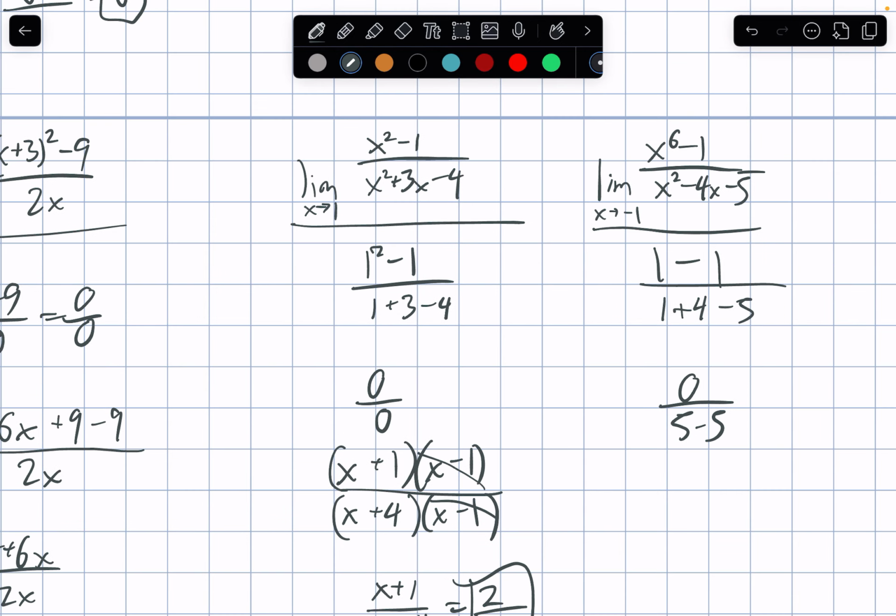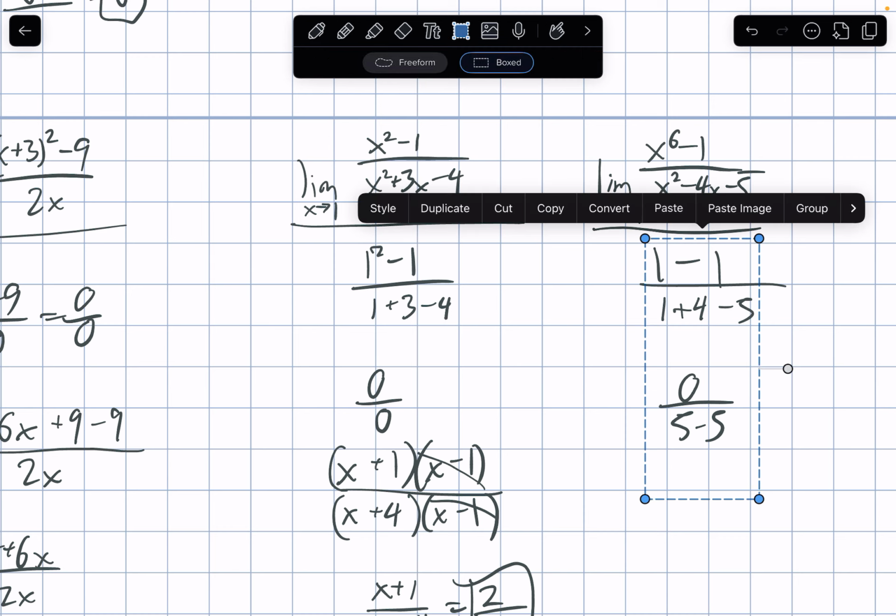Okay, so the challenging part here is, well, you have to know how to factor. If you don't like to factor, there's another way.